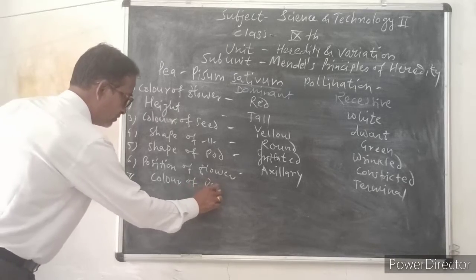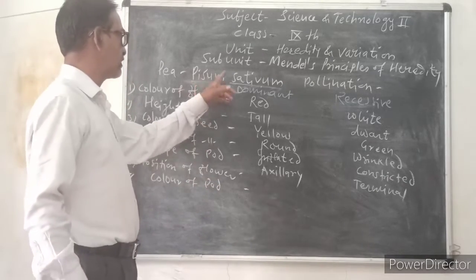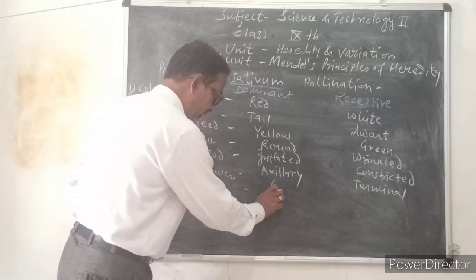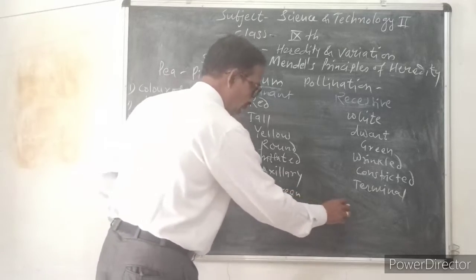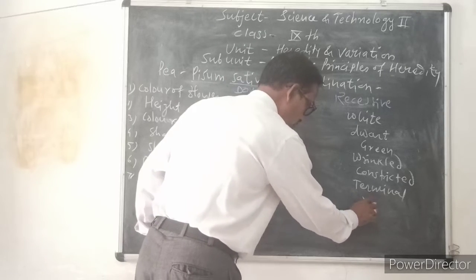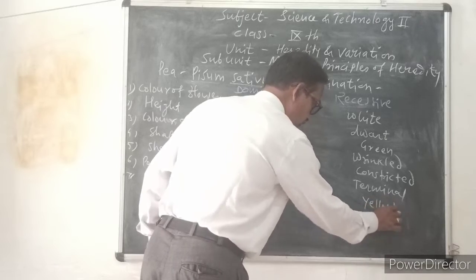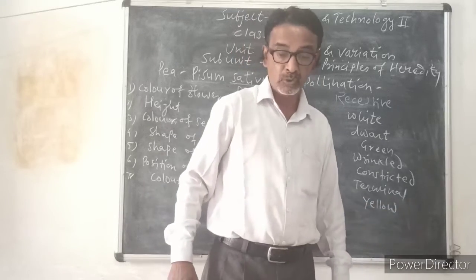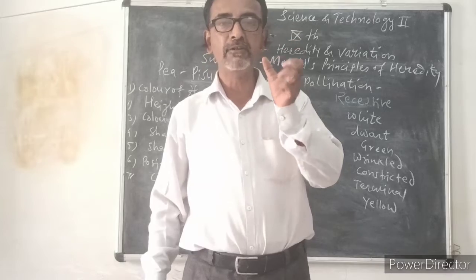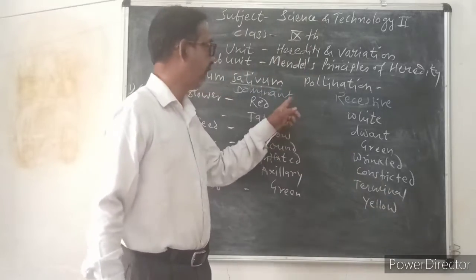The pod of Pisum sativum, the pea plant: green is dominant and yellow is recessive. So these are the 7 characters studied by Mendel.